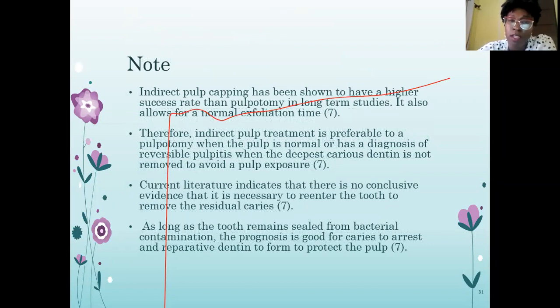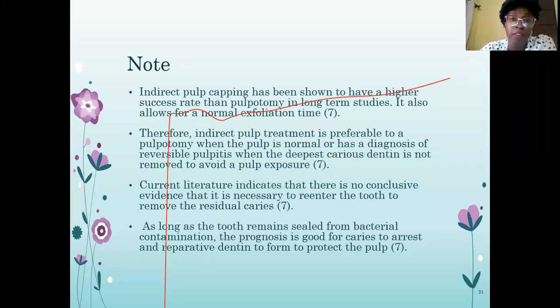As mentioned earlier, pulp capping is also part of endodontics, although we are talking more about pulpotomy and pulp capping. But in cases where you have exposed your pulp doing a routine restoration, indirect pulp capping has been shown to have higher success rates than pulpotomy in long-term studies, and it allows for a normal exfoliation time.